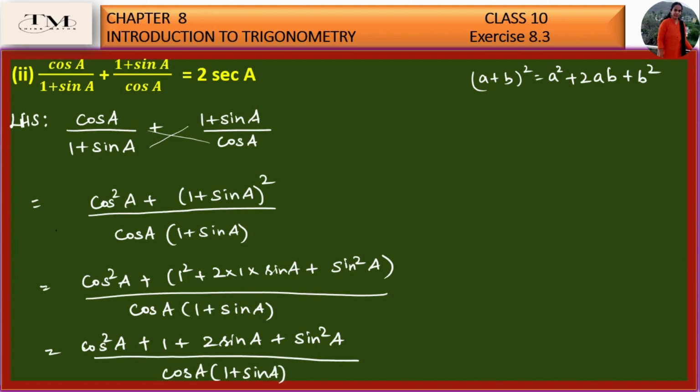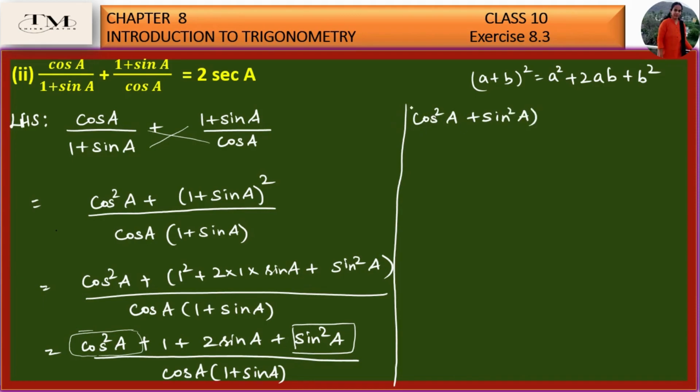Now in the numerator we have cos square A and sin square A. What is cos square A plus sin square A? It is 1. So we will club that. What is remaining? 1 plus 2 sin A, divided by, in the denominator, we have cos A into (1 plus sin A).